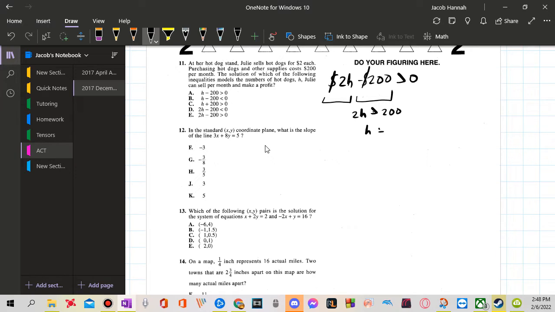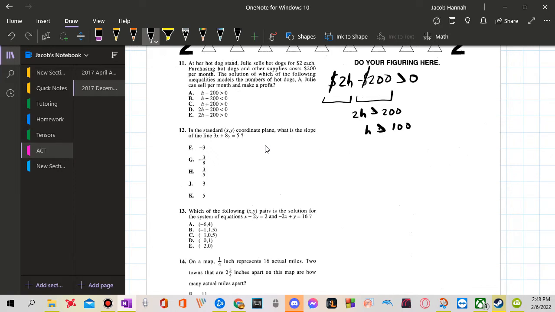H is greater than 200 divided by 2, which is 100. So she has to sell more than 100 hot dogs per month if she wants to make any profit.